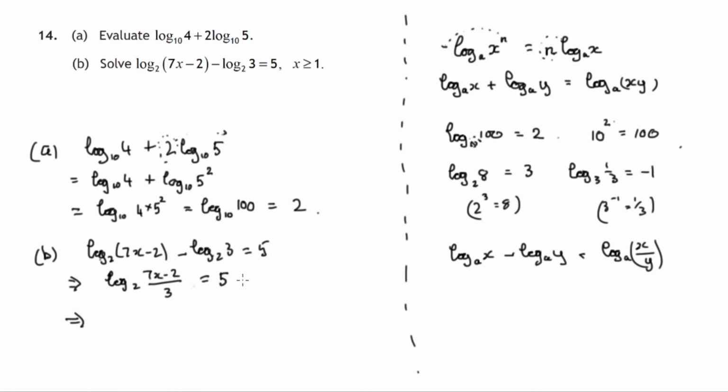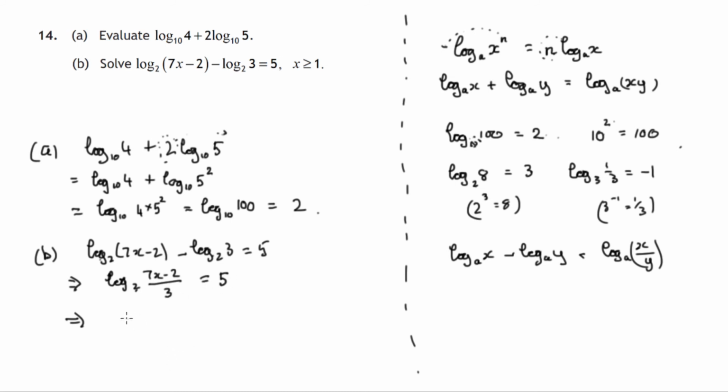Now again, we're faced with a similar situation to what we had when log to the base 10 of 100 is equal to 2. What power do you raise 10 to get 100? The answer's 2. What power do you raise 2 to get 7x minus 2 over 3? The answer's 5.